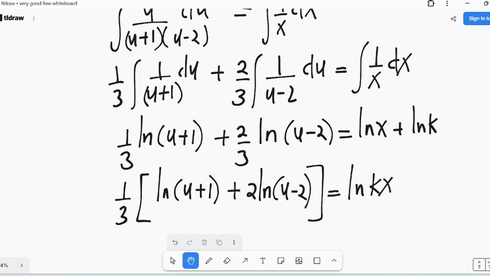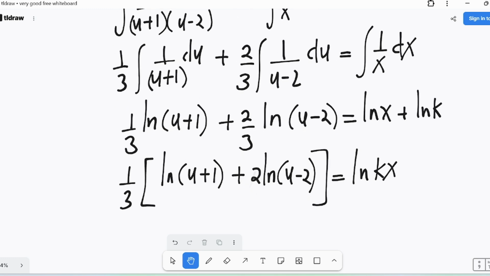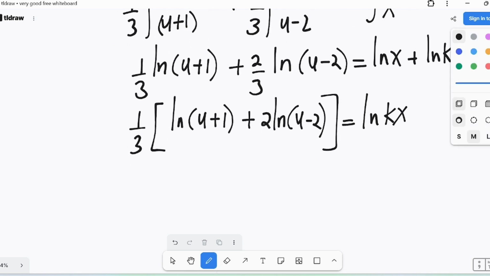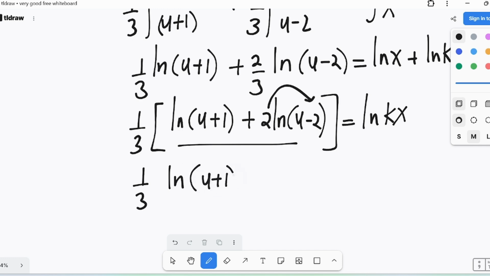We can continue and say that the inside obeys laws of logarithm. So we have a third ln of u plus 1 into u minus 2, everything squared, is equal to ln of kx.